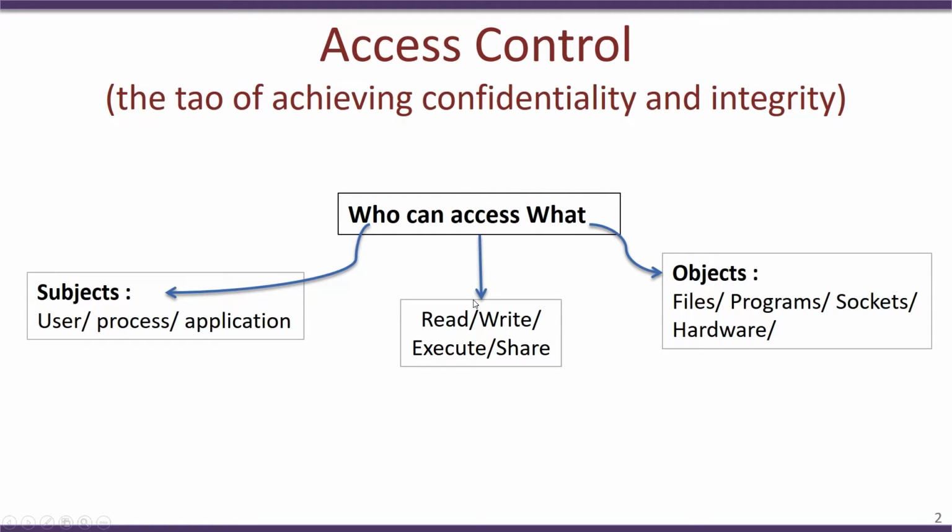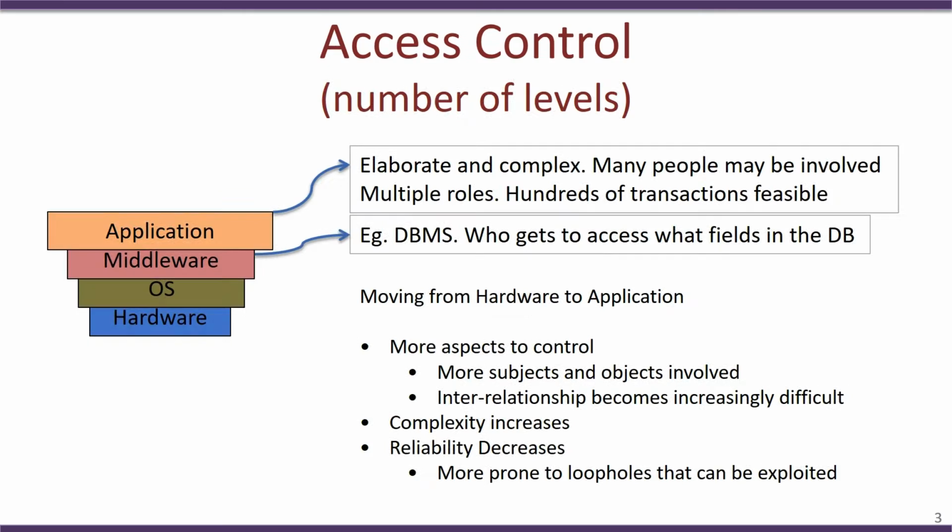And access could be read, write, execute, or share. So, for example, access control can define if a user can read, write, or execute a particular file, program, or socket in the system.